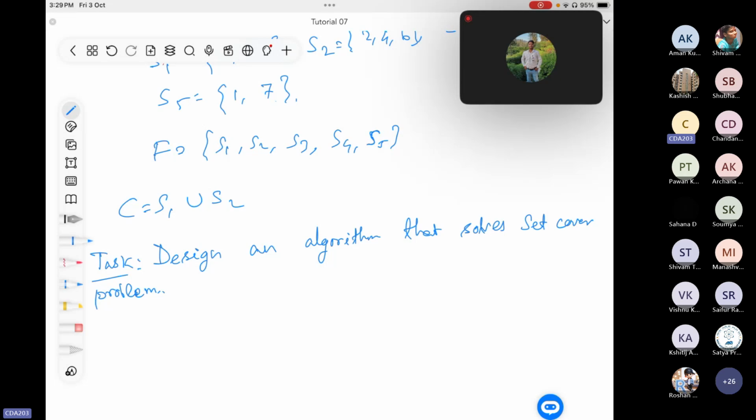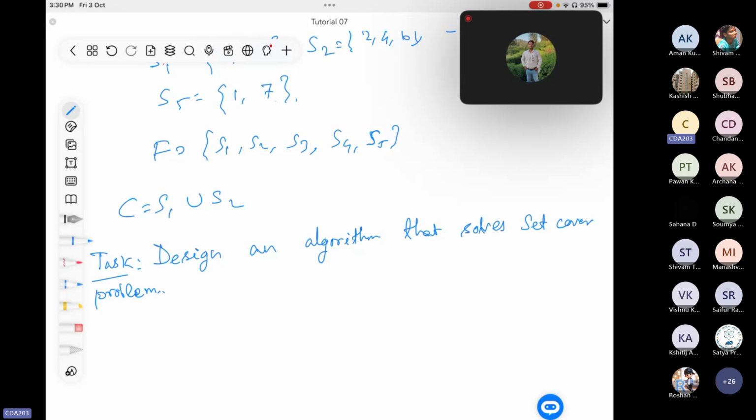If you are able to design an algorithm for the set cover problem that can solve it optimally, that is, find the optimal set cover in polynomial time, then you have actually solved a well-known conjecture in computer science.